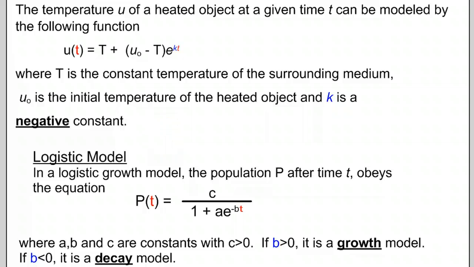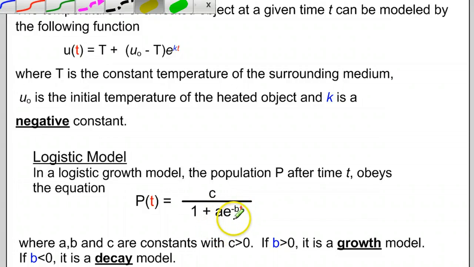But here we have an example where we have a lot of different constants. C is a constant, the originating value is a constant, and B, or sometimes we use K, is another constant. As long as C is greater than 0 and B is greater than 0, it's going to be growth. If B is less than 0, it is decay.